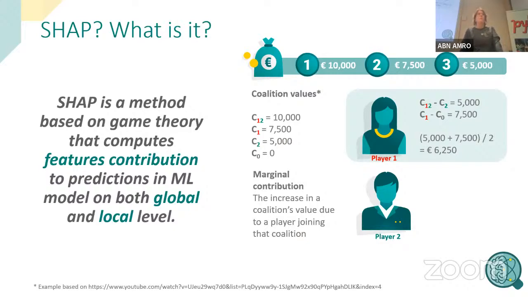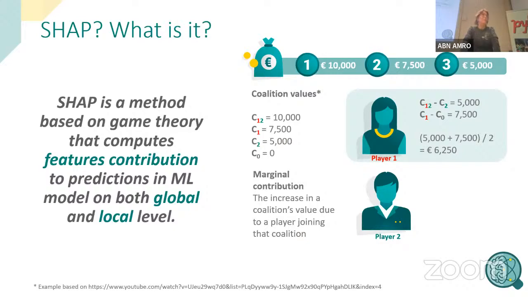Then the coalition value, the marginal contribution, increases by 7,500 euros. And then you can calculate the expected marginal contribution. A lot of difficult words after each other. That's the average of those two values, and so that's 6,250 euros.